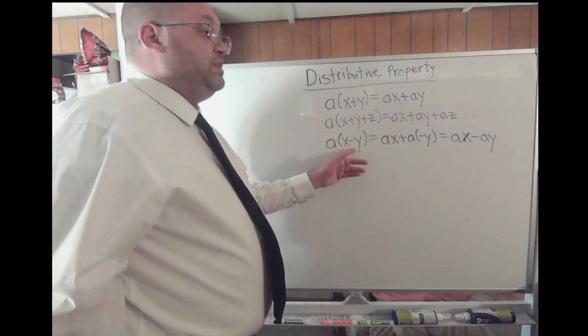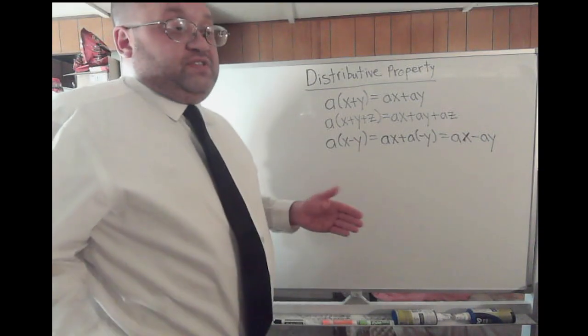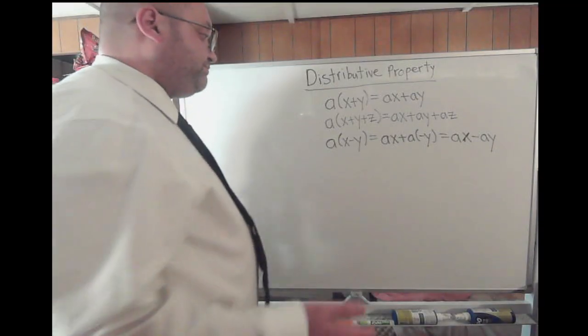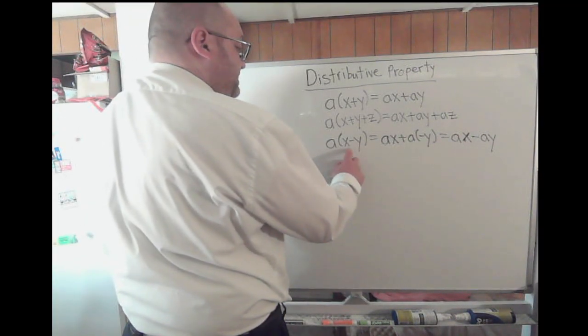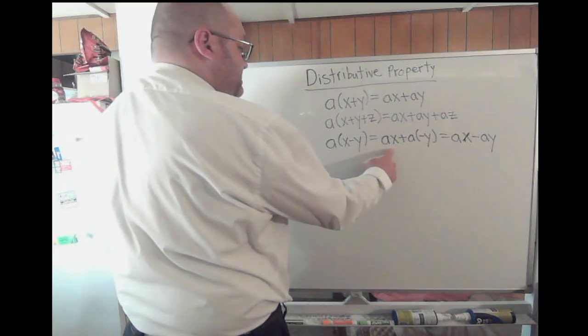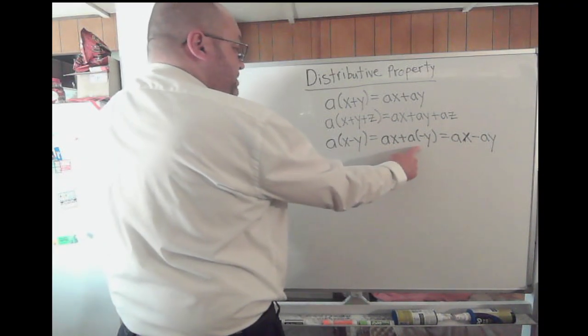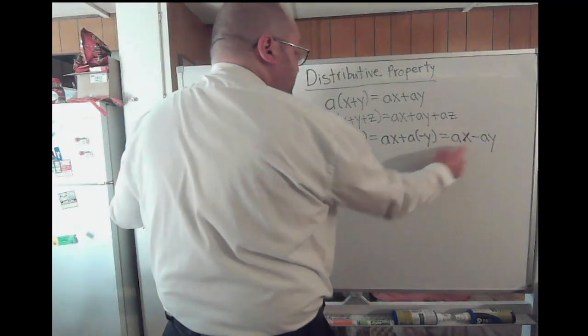Treat that as x plus negative y, or x plus negative 7, or y plus negative 2. So I distribute the a to the x, I'll get ax, it'll be a times x plus a times the negative y here, which would simplify to ax minus ay.